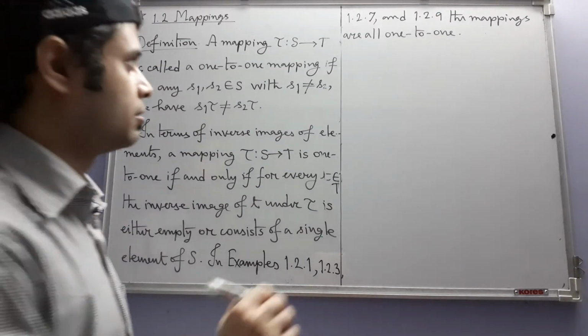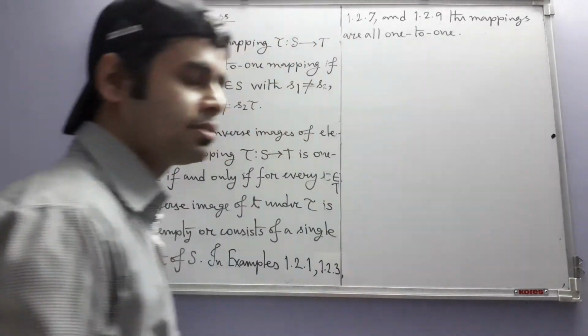The next definition is that of two mappings being equal.